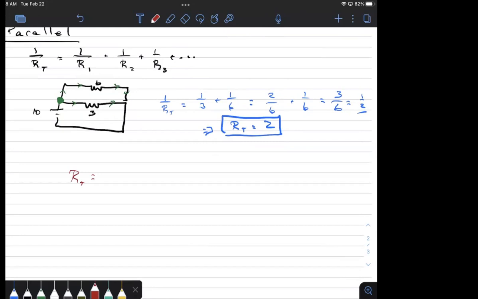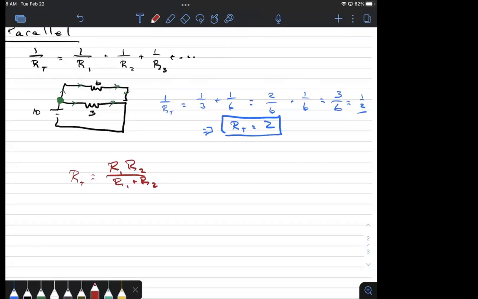I think it's R1 times R2 over R1 plus R2. I think that's what they usually have.